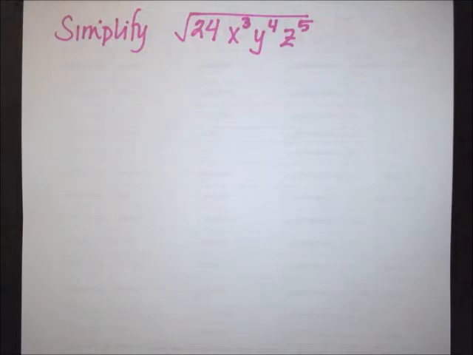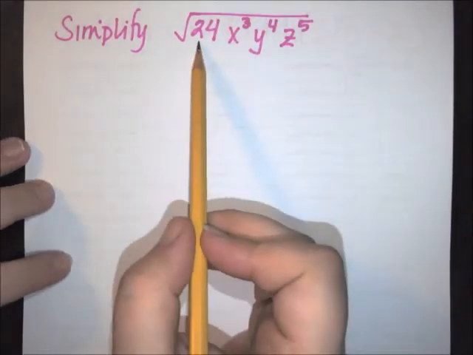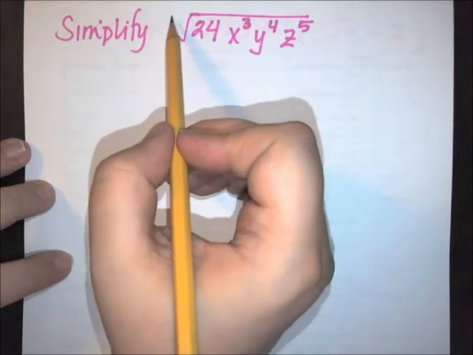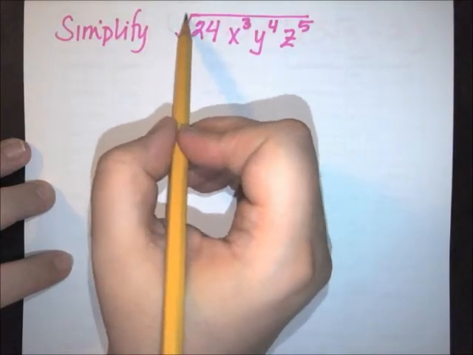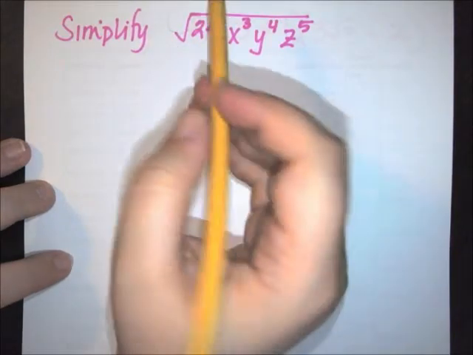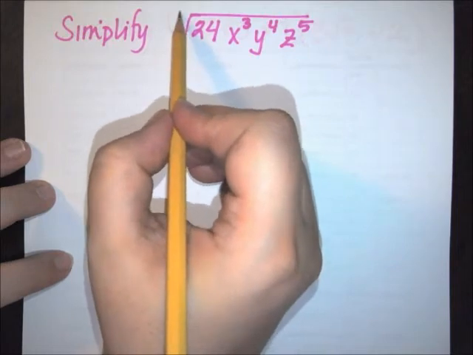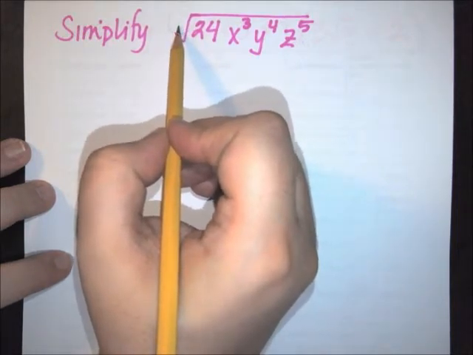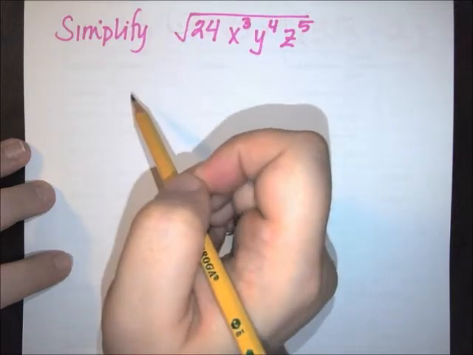Okay, so first and foremost, when we're talking about a radical, we are talking not only about the stuff on the inside, but we are also talking about what's going on here in what's called the index. Now, if there's a little number that shows up in the index, that is telling you the power of the radical.